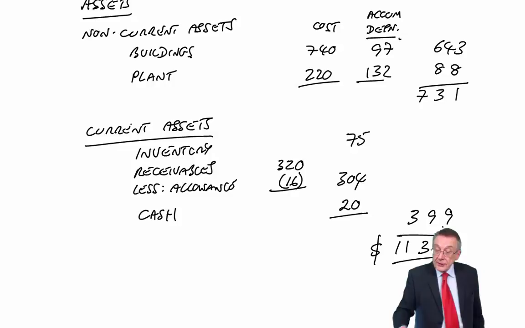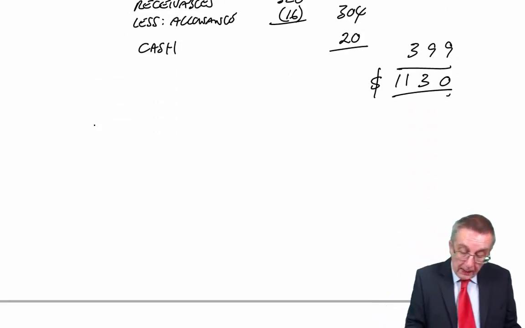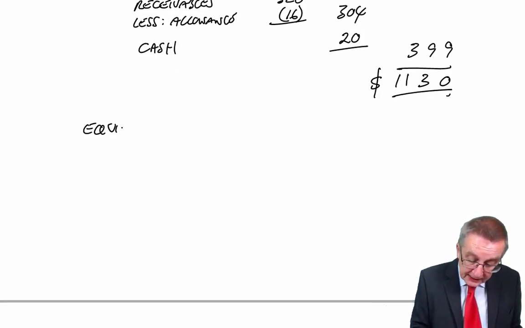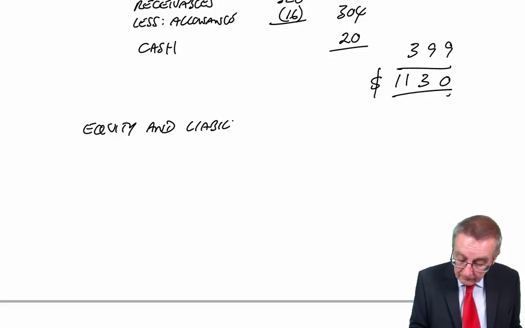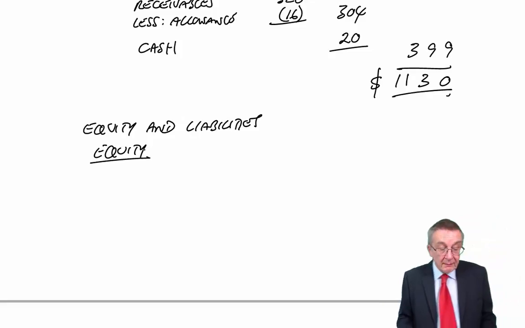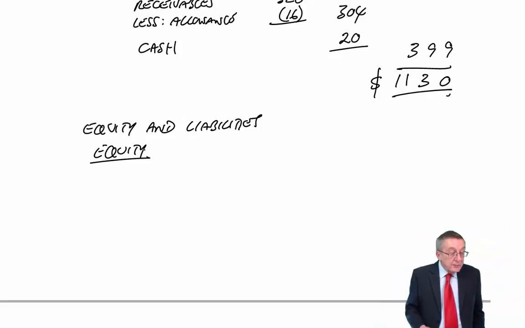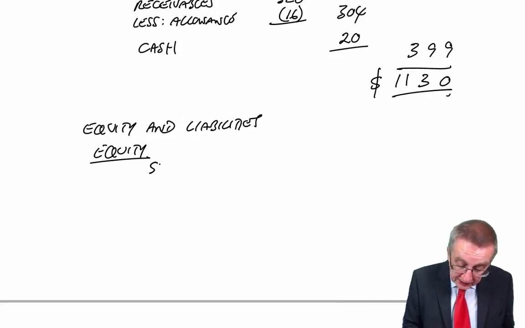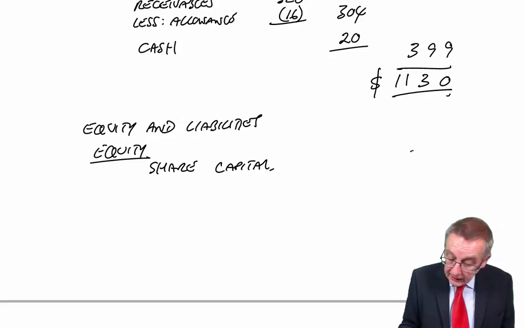So that's the top bit of the statement. The bottom bit, equity and liabilities. First of all, the equity. Well, here, one or two very easy marks. Share capital. Almost at the bottom of the trial balance, you've got there 415.